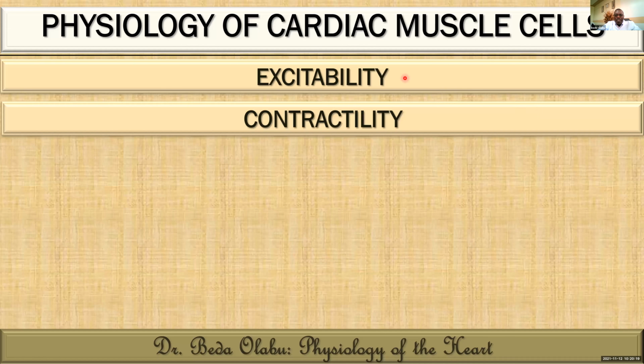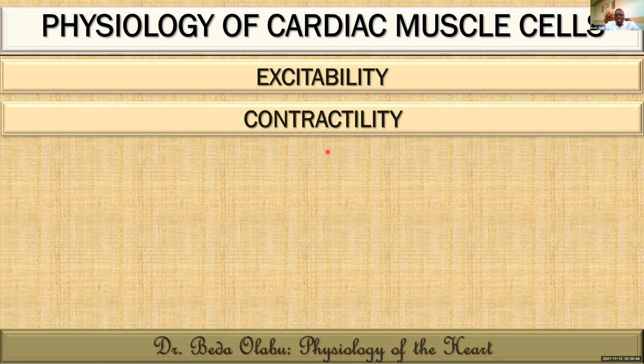Just like any muscle, cardiac muscle is excitable, which means that it's able to generate electrical impulses in form of action potential. It is also contractile, which means that it's able to shorten. Now, those are universal for all muscle cells.